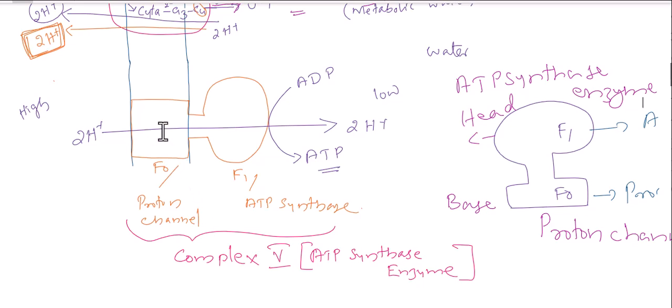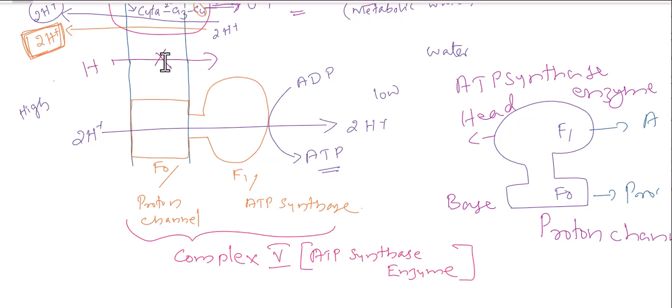Here the F0 particle, the base region, acts as the proton channel for the facilitated diffusion of protons from the outer space to the inner space. So through the F0 region, the protons can easily enter into the matrix region. In the other regions, the proton cannot flow through.